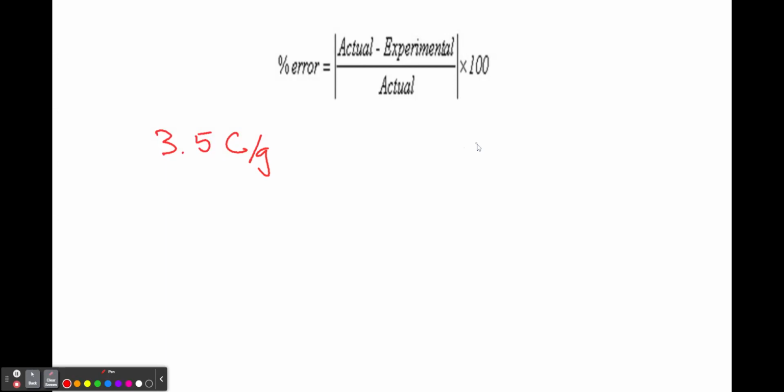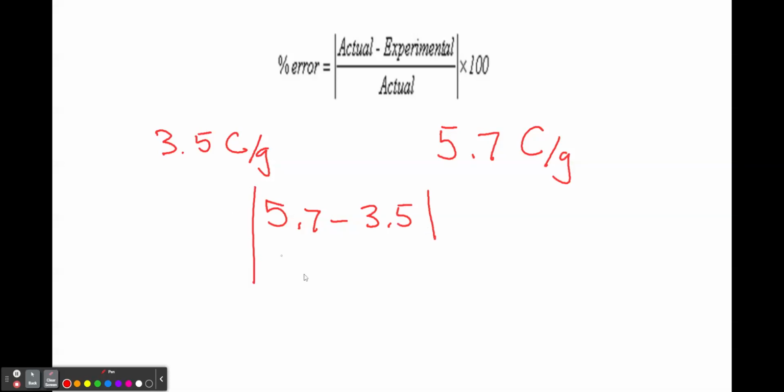And when I divided the calories per serving by the serving grams for the puff, I got 5.7 calories per gram. So I'm going to take the absolute value of the actual minus the experimental and divide it by the actual.